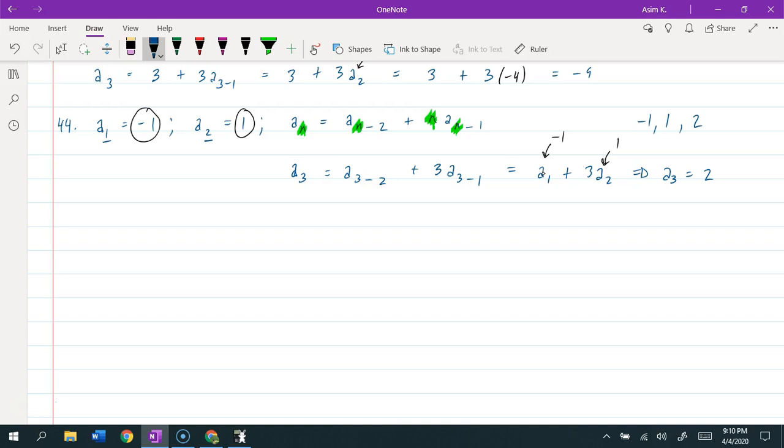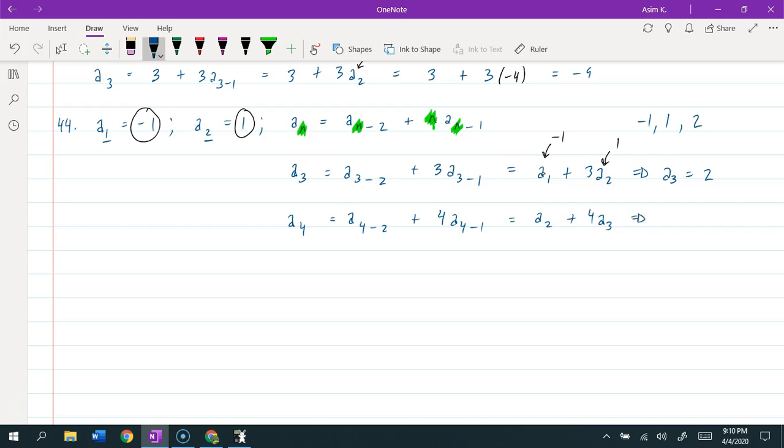Okay, let's do another one of these, right? So a sub 4. What's a sub 4 going to look like? A sub 4 is going to be a sub 4 minus 2 plus 4 times a sub 4 minus 1. And now we're going to have a sub 2 plus 4 times a sub 3.